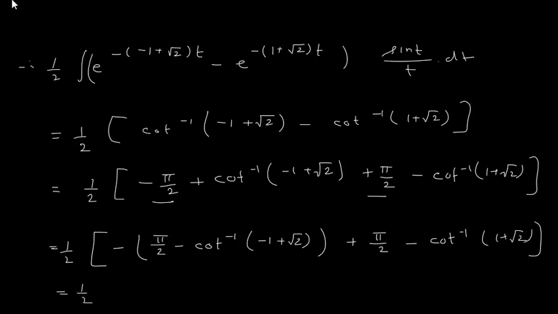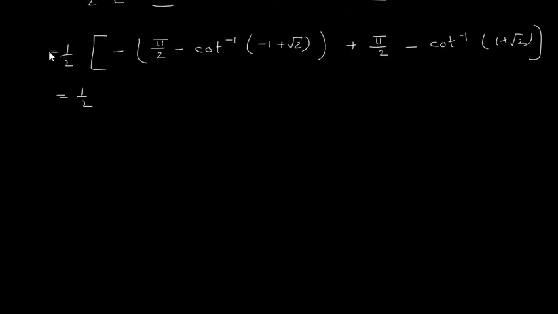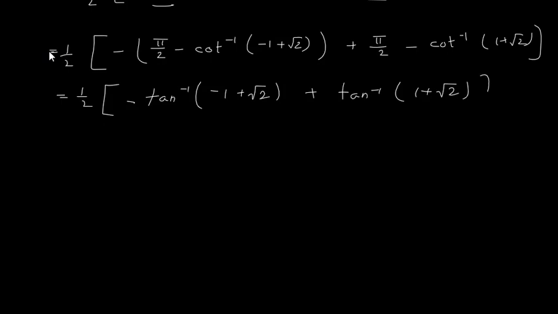This is 1 by 2. Now pi by 2 minus cot inverse is tan inverse, so it will become tan inverse of minus 1 plus root 2, plus here it is tan inverse of 1 plus root 2. So this is equal to 1 by 2.